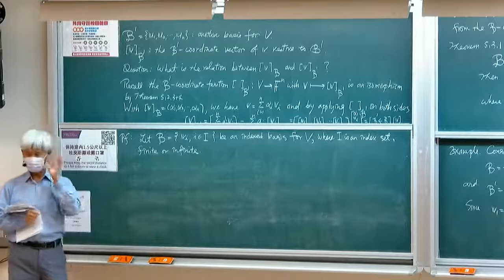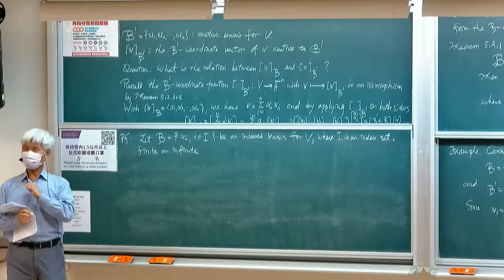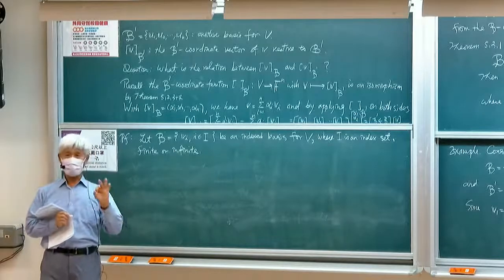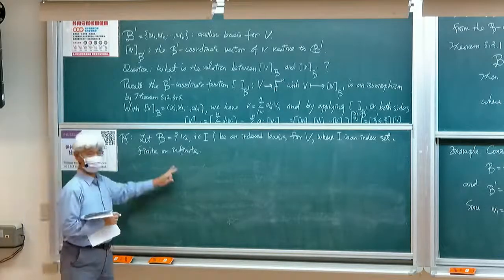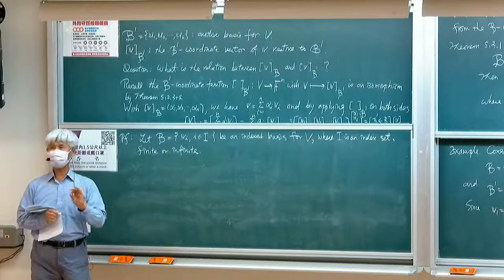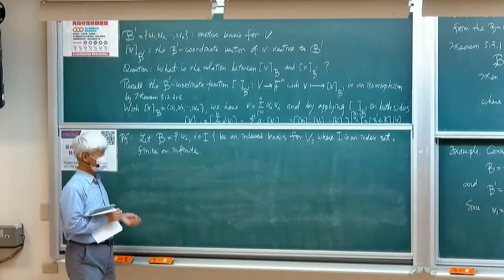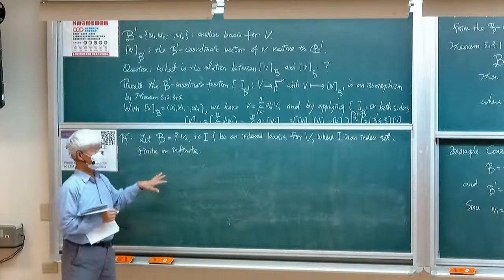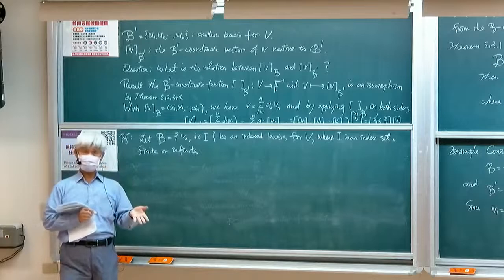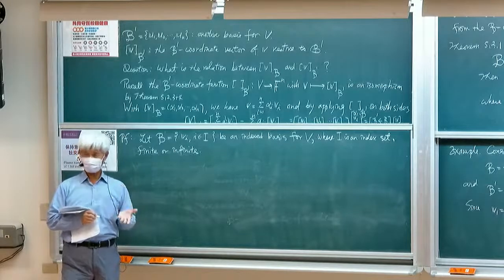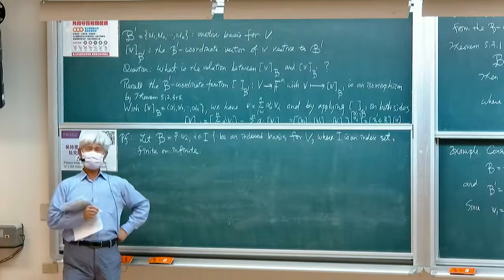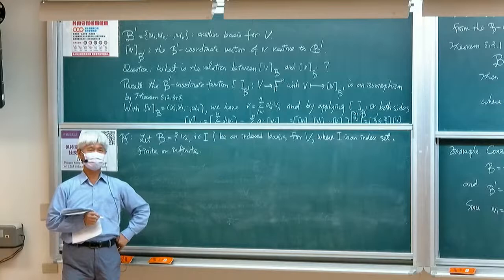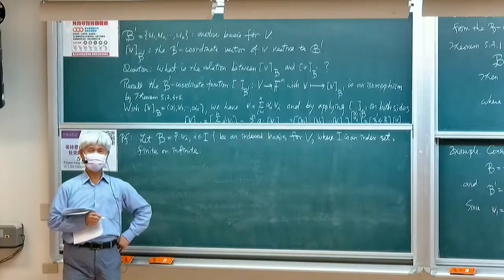Now, the reason why I don't want to delve more into vector spaces which are not finite dimensional is this: if we consider a vector space which is not finite dimensional, can we define dimension for that vector space? How?